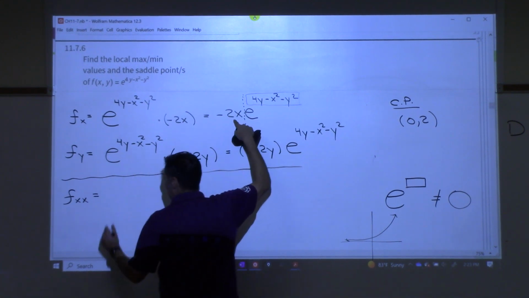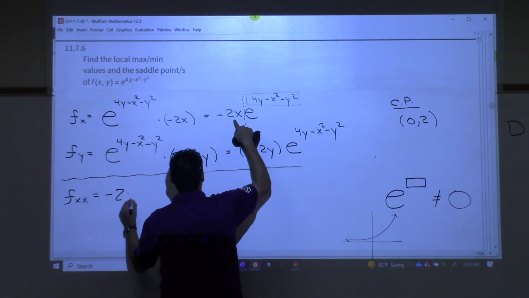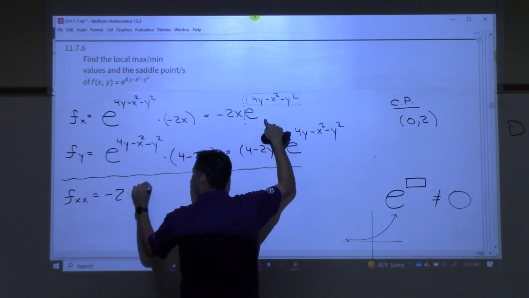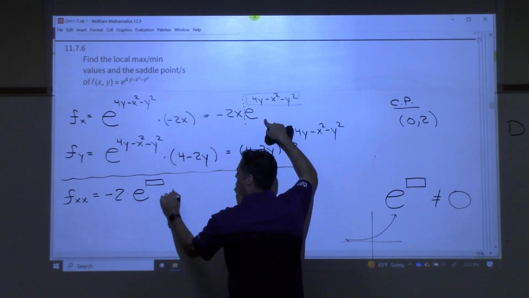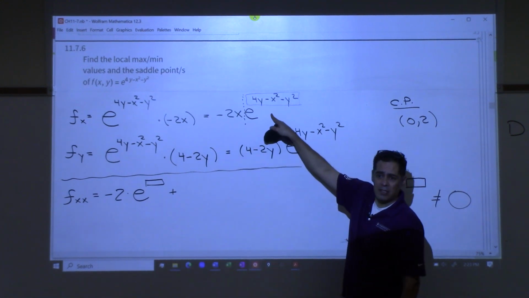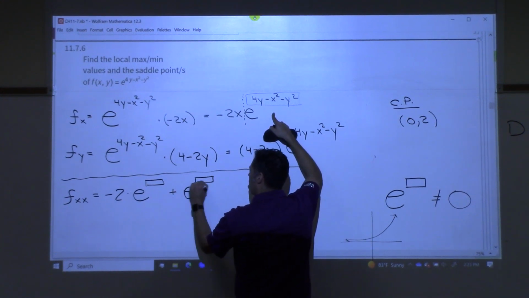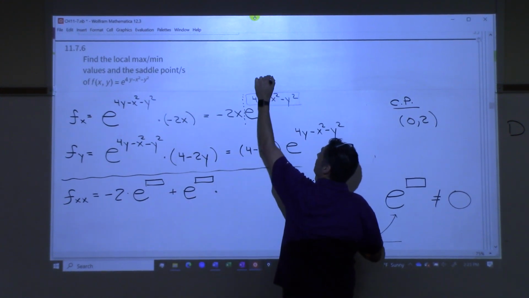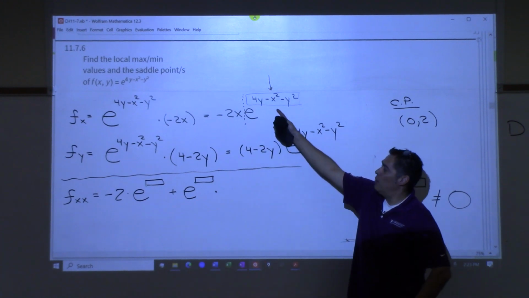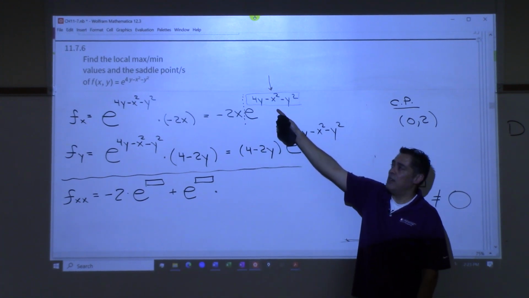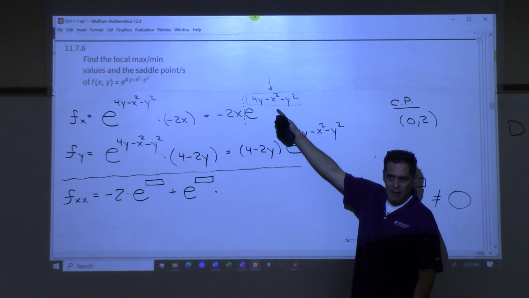So the derivative of that is -2 times this, e to that junk up there, right? Plus, now the derivative of e to the junk, which is itself, times, now you do have to take the derivative of what's in here with respect to x, which is -2x. We did that earlier, right?